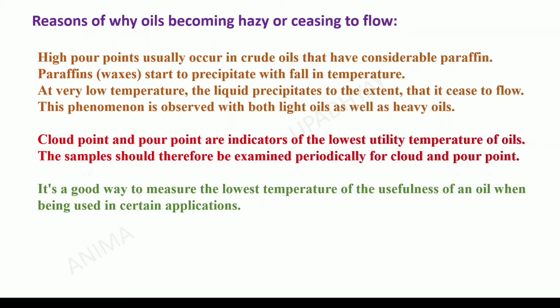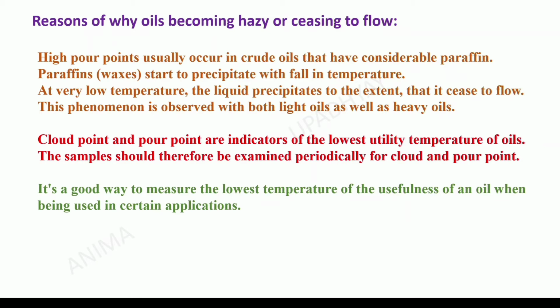So, the cloud and pour point are the indicators of the lowest utility temperature of the oils. So, what is utility temperature? When we are applying a lubricant to a machine which has to work under cold conditions and that lubricant has lost its property of lubrication, that is called the utility temperature at which the lubricant loses its lubricating property.